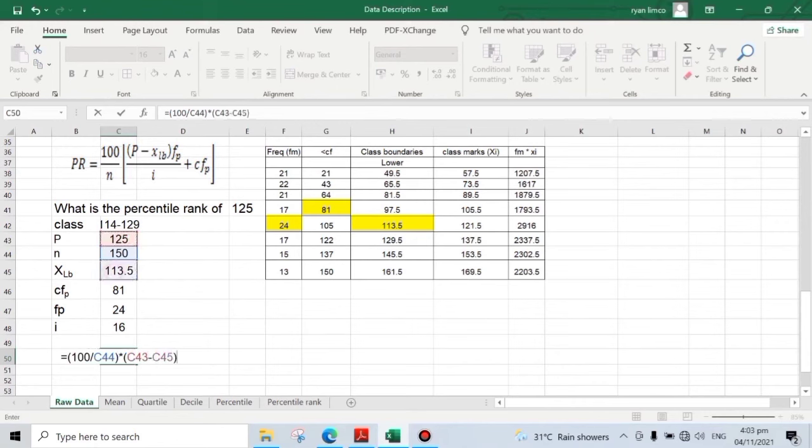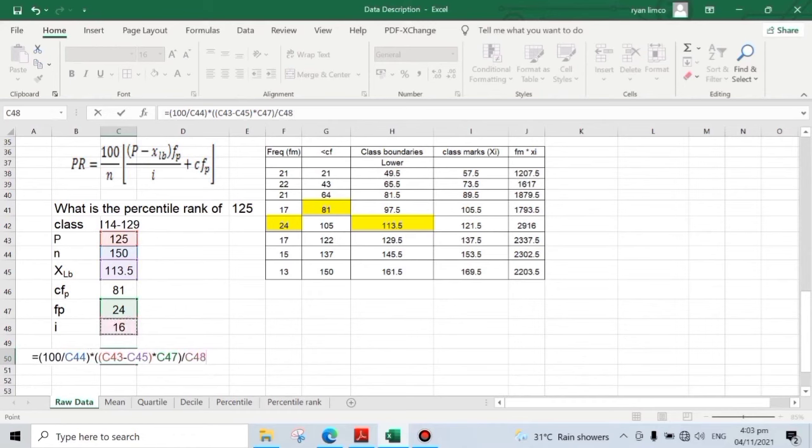And then we multiply it by FP, so times FP. We enclose this in parentheses to represent the numerator, and then divide by the interval 16.